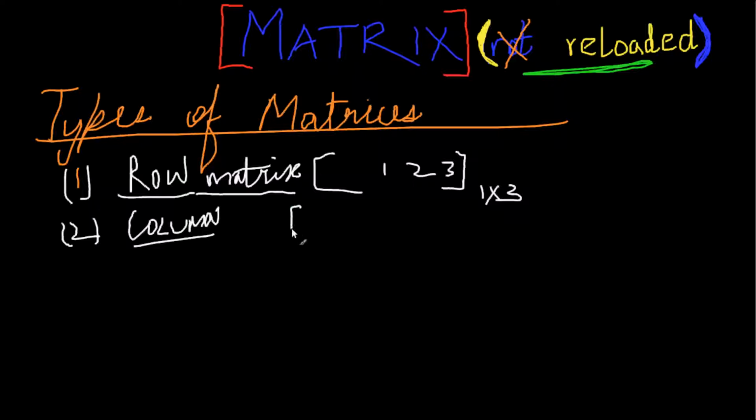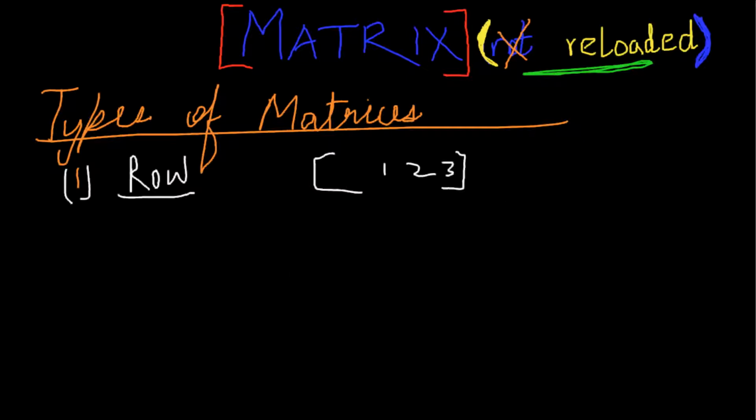So if I have a matrix with elements 1, 2, 3, its order, as you might have already guessed correctly, is 3 by 1, since it has 3 rows and only 1 column. Now these arrows are only for your reference, guys. So this is a column matrix which has only one column, and this was a row matrix which had only 1 row. Next, I'm just going to clear this content.